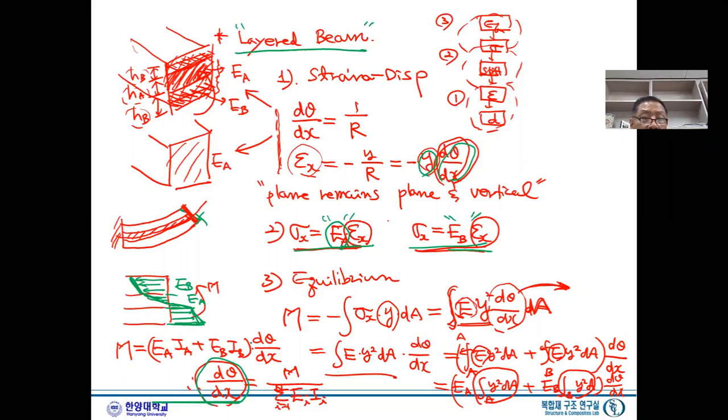Now this one, IA and IB: IA is the moment of inertia of the middle part, and IB is the moment of inertia of the top part.